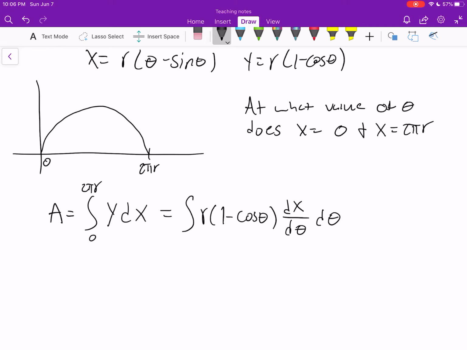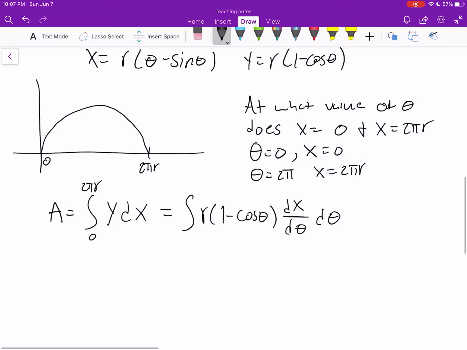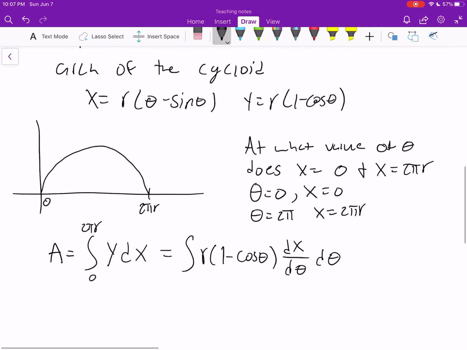By inspection, so sometimes you'll be able to invert this. This is not one of those cases. You have to do it by inspection. When theta is equal to 0, you get x is equal to 0. And when theta is equal to 2 pi, you're going to get x is equal to 2 pi r. So that gives me the values of theta for this.